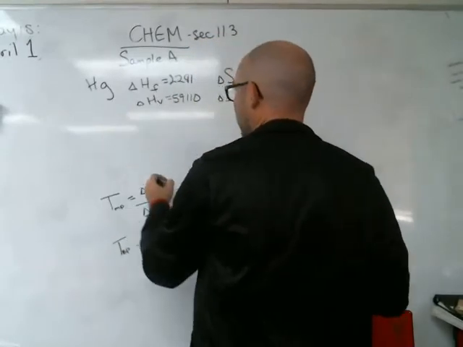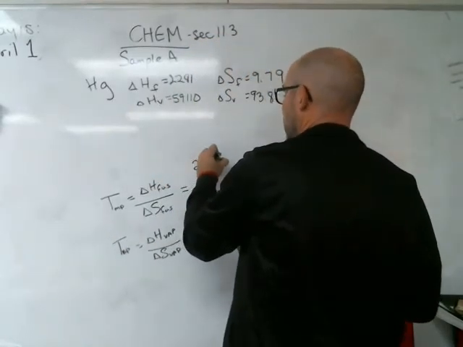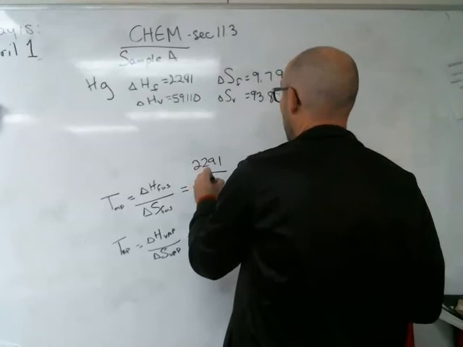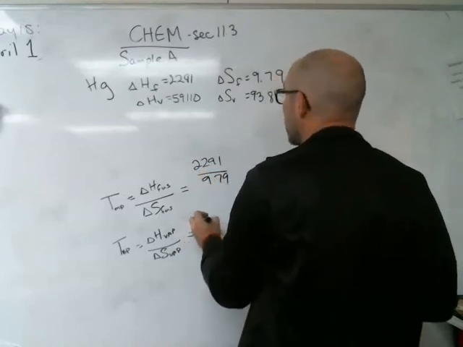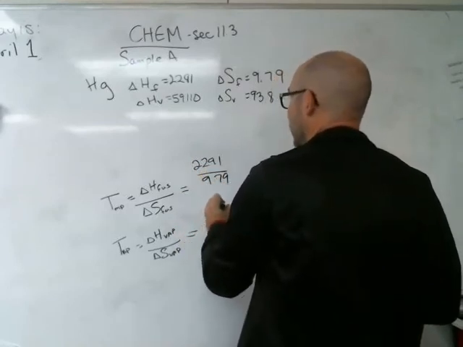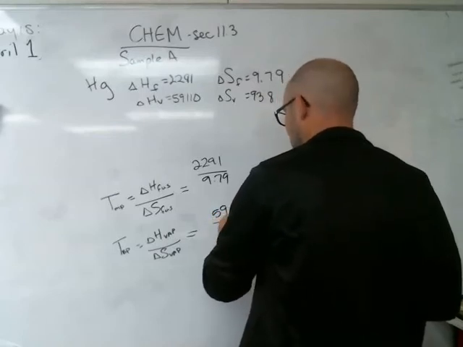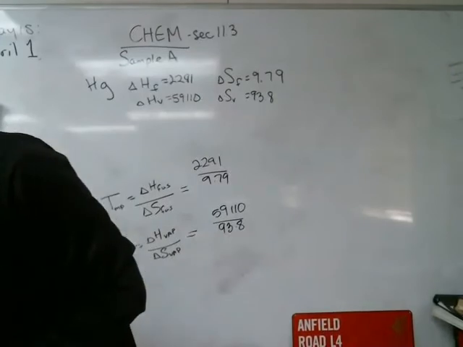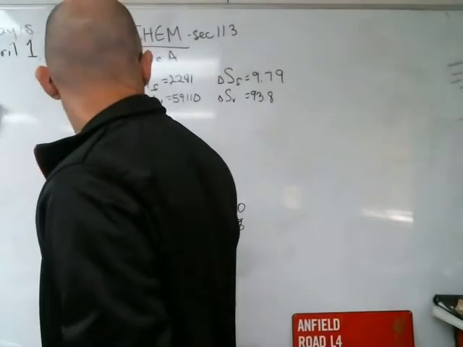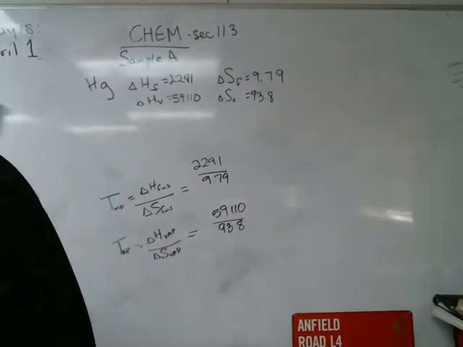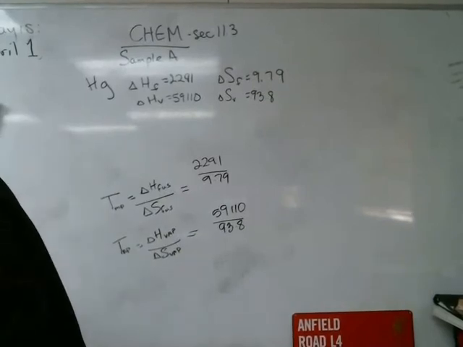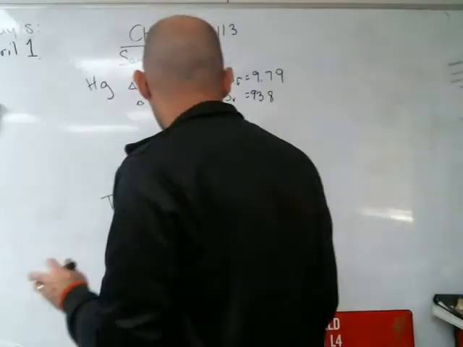Okay, so we got the first one here of 2291 over 9.79, and the second one here being 59,110 over 93.8. 2291 over 9.79. And yeah, okay.